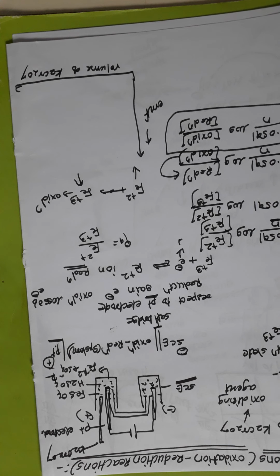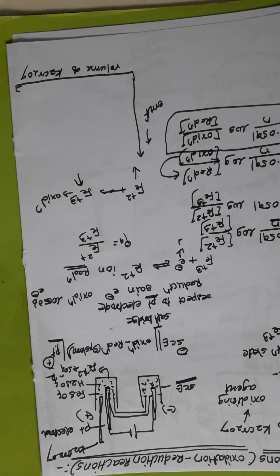I already told you that EMF depends on the concentration of ions present in the solution. Whenever the concentration of ions increases, EMF also increases. Whenever the concentration of ions decreases, EMF decreases.